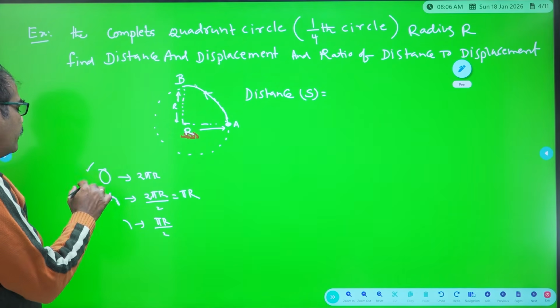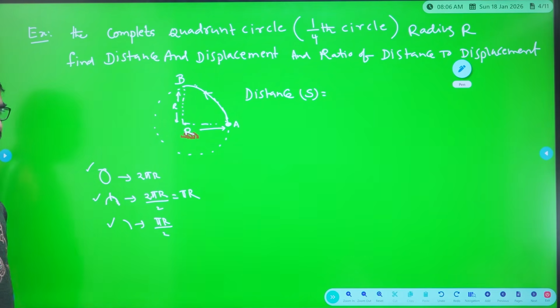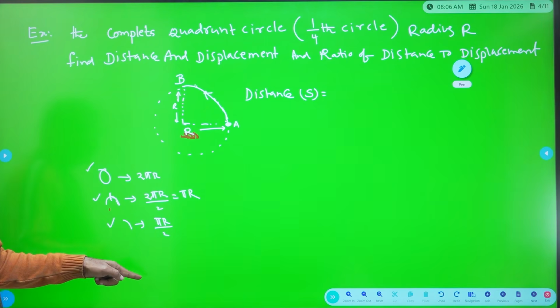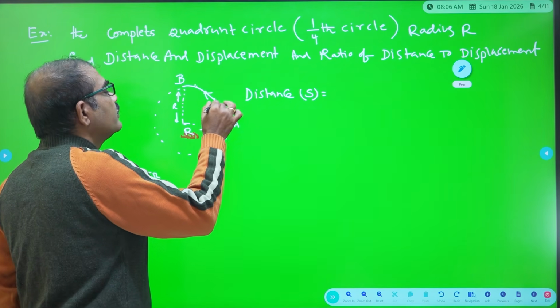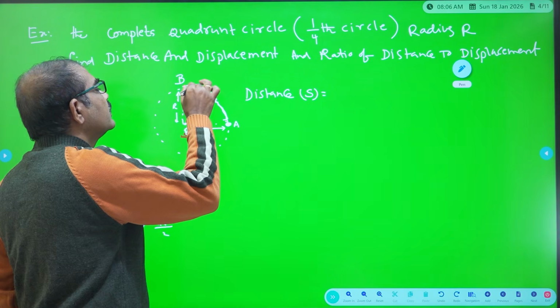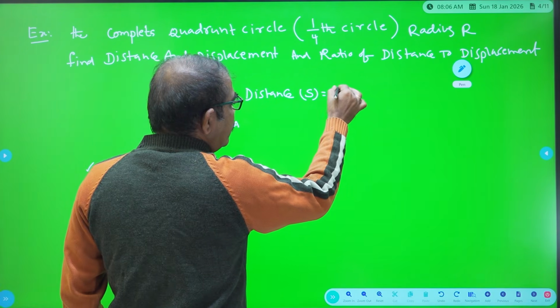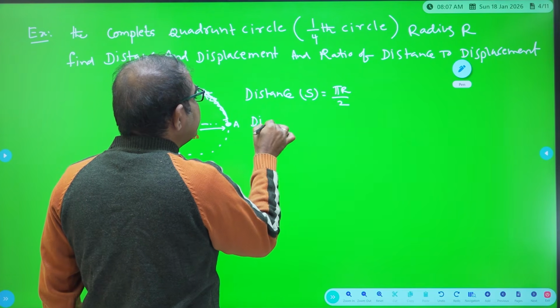This is a full circle, this is a semicircle, this is a quadrant circle. Dividing by 2 gives this, and dividing by 2 again gives this. So the distance is the total path taken from here to here, and that is called distance, equal to pi r by 2. Next, displacement.